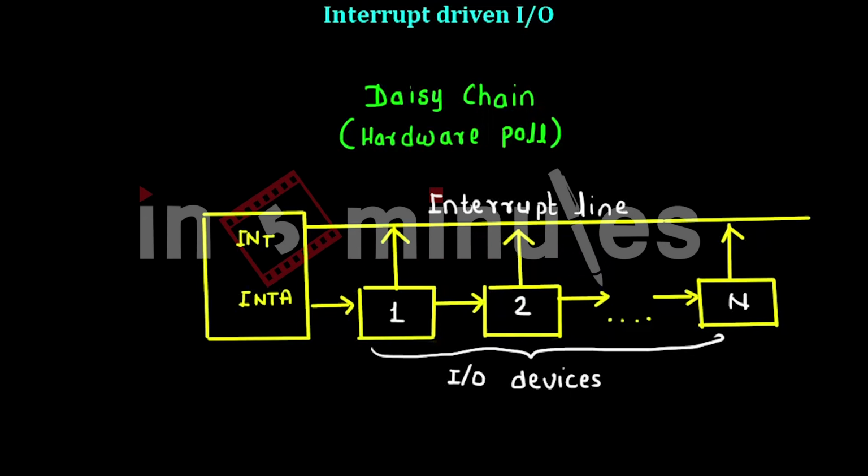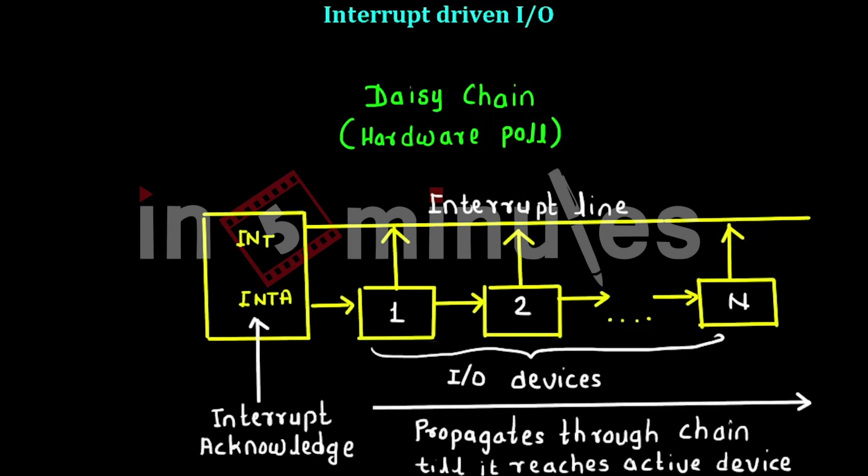For example, device 1 here has a higher priority than device 2, because whenever an interrupt is generated from any device, the interrupt acknowledge signal starts from device 1 and goes on propagating to the nth device. In this way, the device which is closer to the processor is going to get addressed first. So this is the daisy chain in which the interrupt acknowledge propagates through the chain till it reaches the active device.